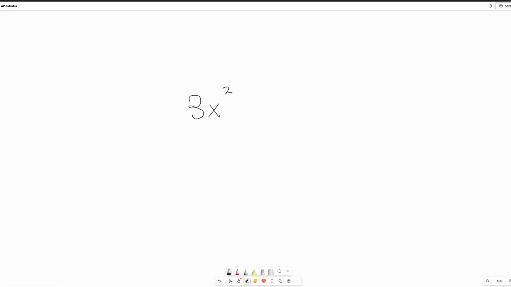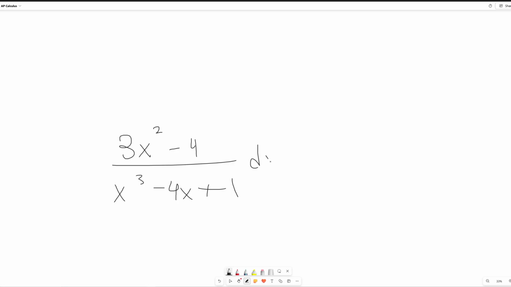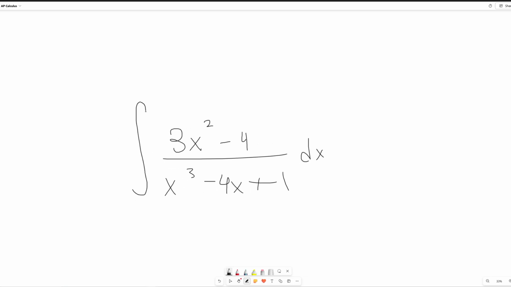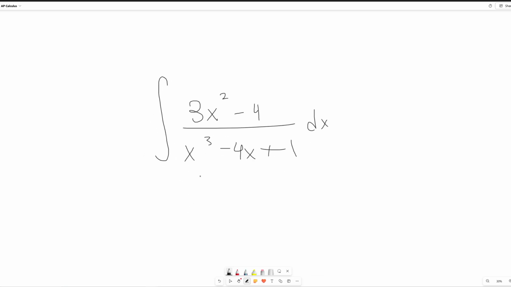3x squared minus 4 over x cubed minus 4x plus 1. Alright, take a second, see if you can think of this. This problem is much, much easier than it looks.